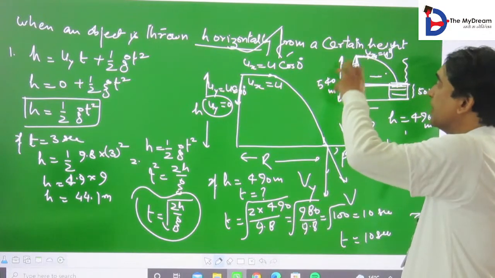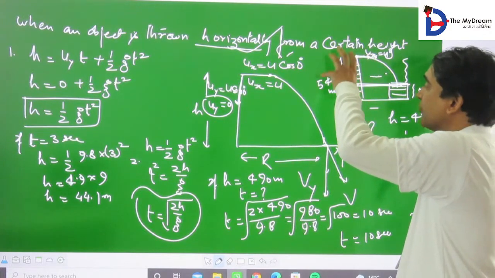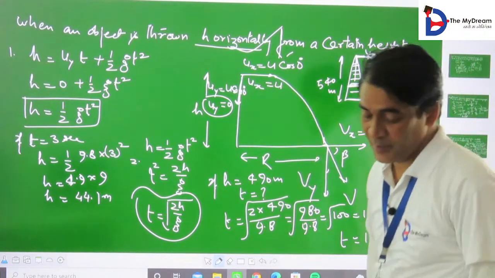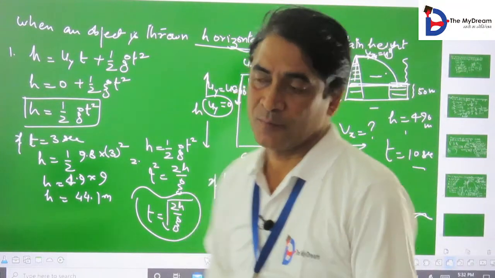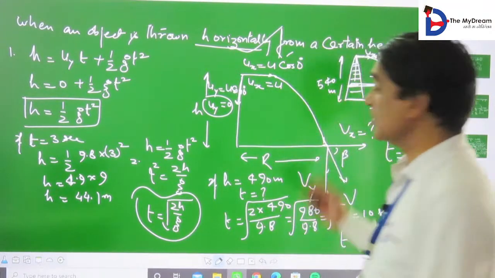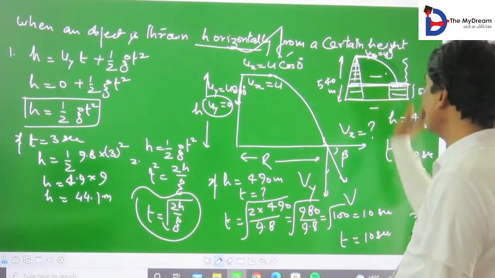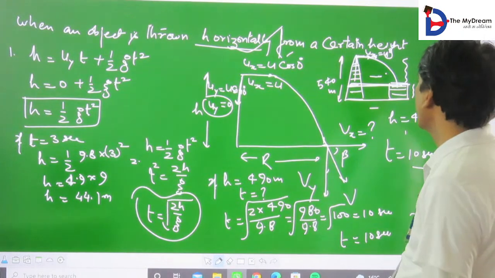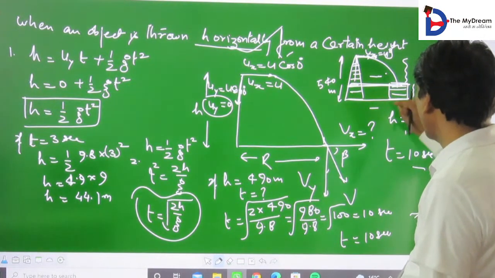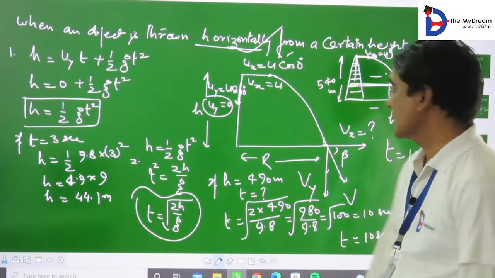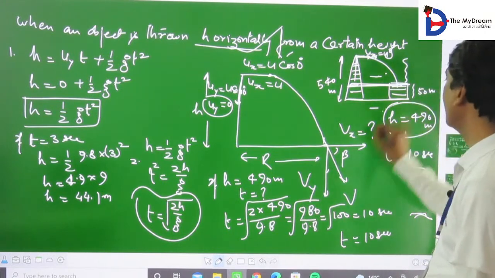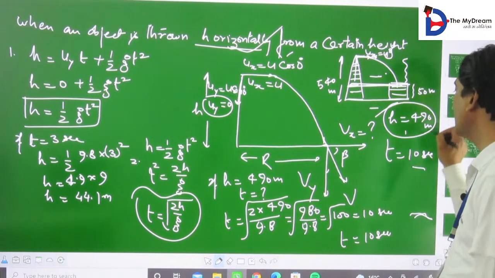If a student or a person is at a height of 540 meter in group housing flat, he or she throws a stone like this horizontally, which is at a height 50 meter above the ground, then the net height is of 490 meter.